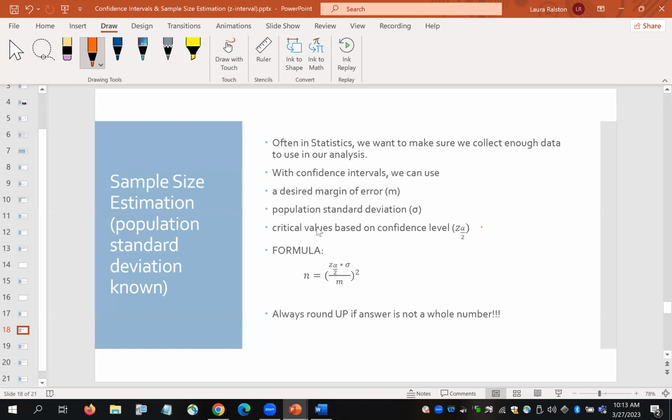Remember that if you know the population standard deviation, we are basing our calculations on the normal distribution that is symmetric, bell-shaped, continuous, and the mean is in the middle. The critical values are the points beyond which we know that our population mean is not in that region.